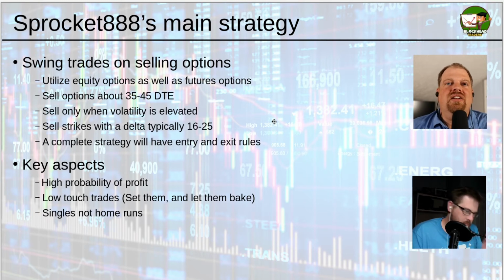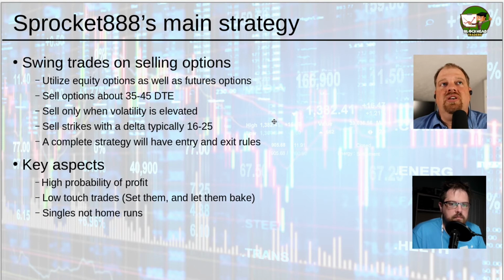It's not a trade that needs to be monitored very closely, because I'm trading these high probability trades and they don't need any interaction throughout the day. I can set them, let them bake, let them cook, let them mature, and then take them off. They're typically 35 to 45 days to expiration, and in my rules, I only ever let them get to 21. So it's a very short term trade with high probability.